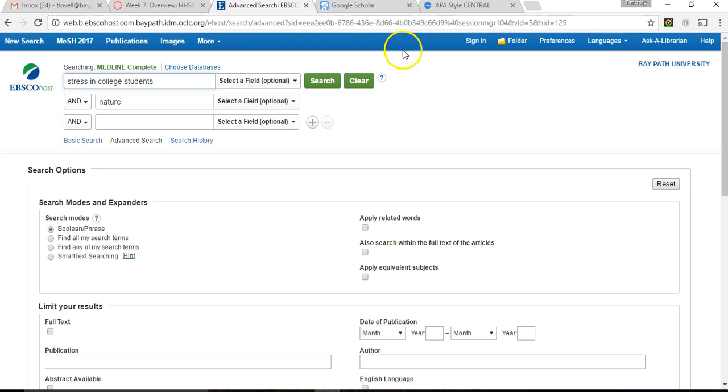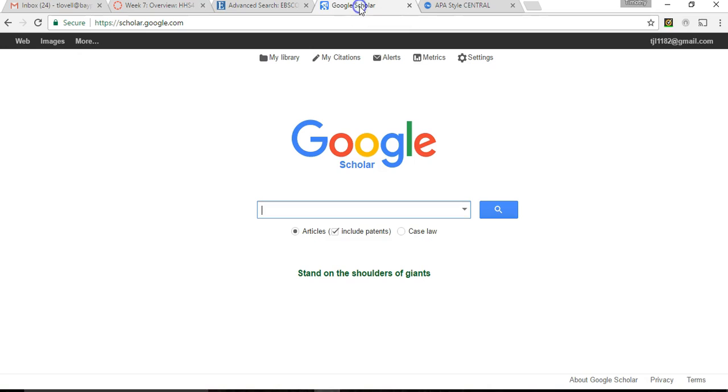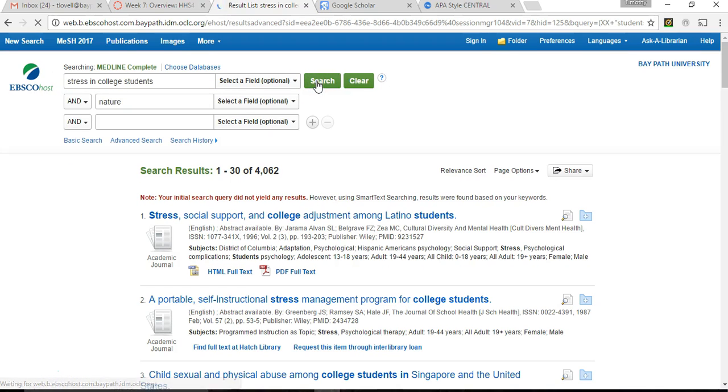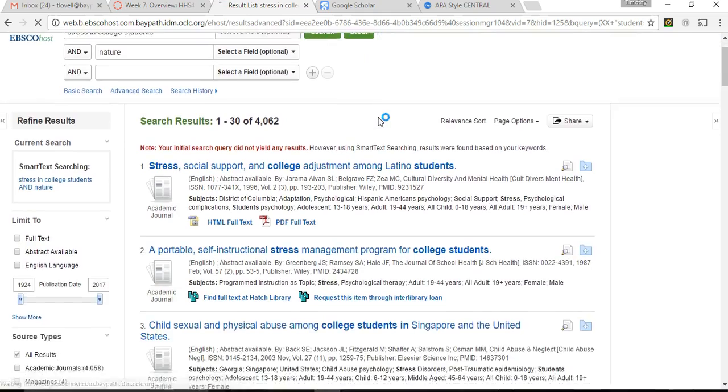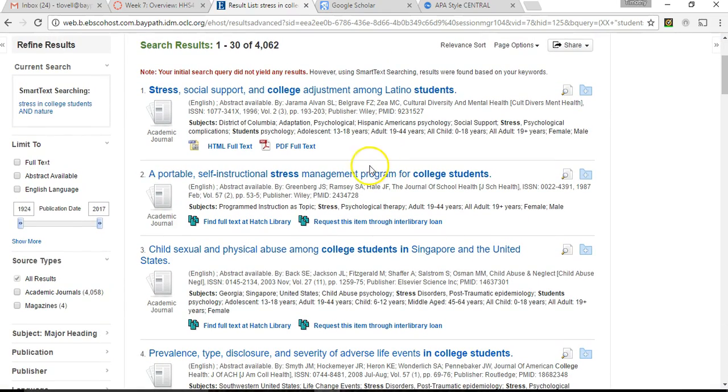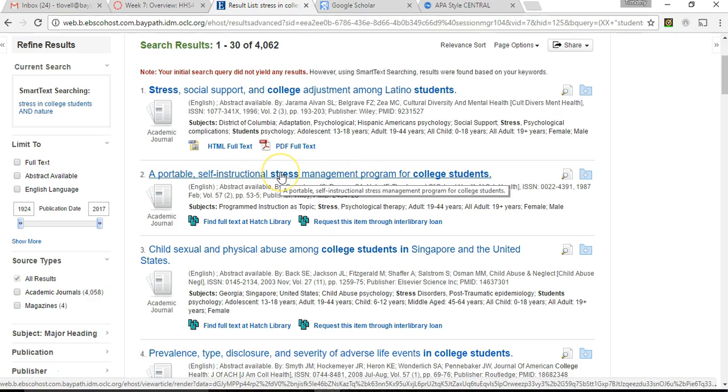The other thing you can use that I already have pulled up here is, don't be afraid to use Google Scholar. So it's just scholar.google.com. I'll use this a lot of times. So let's search again. Say I find something in here. So this article here has PDF full text. This article doesn't.